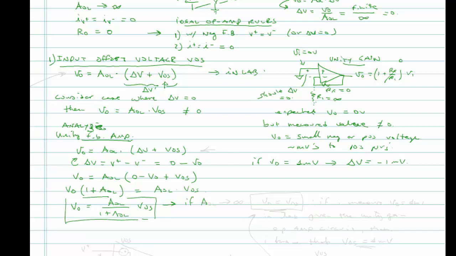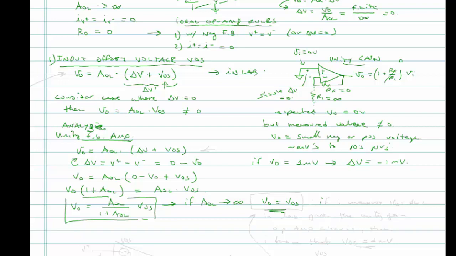If AOL goes to infinity, ideal op-amp, that's what we're still assuming, even if it's not ideal, if it's large, realistic op-amp, real op-amps have large open-loop gains, could be on the order of tens to hundreds of thousands, then we would have that VO is equal to VOS.